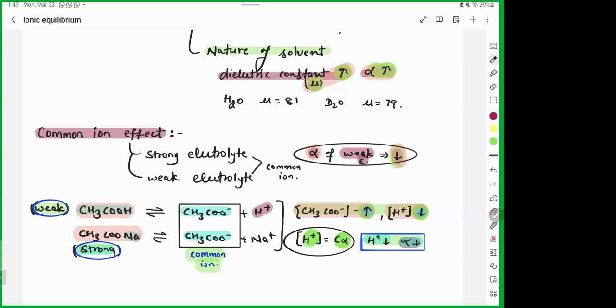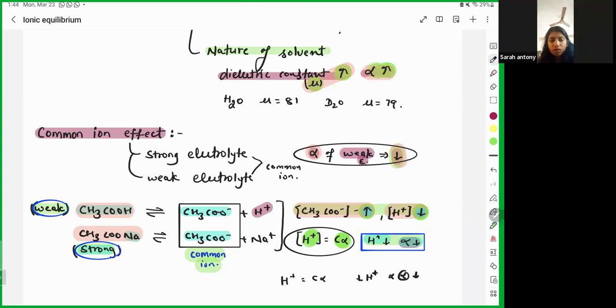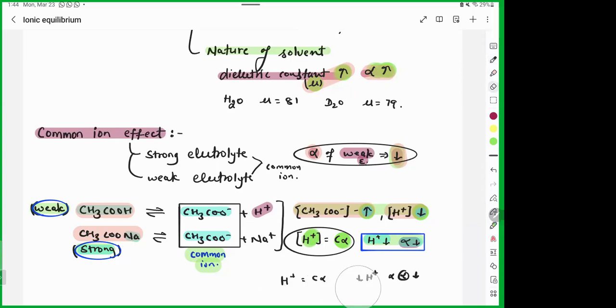We know H positive is equal to C alpha. It means H positive concentration is directly proportional to alpha. Less alpha, less H positive ion. Less H positive ion, less alpha. Any doubt? So the common ion effect will reduce alpha value.